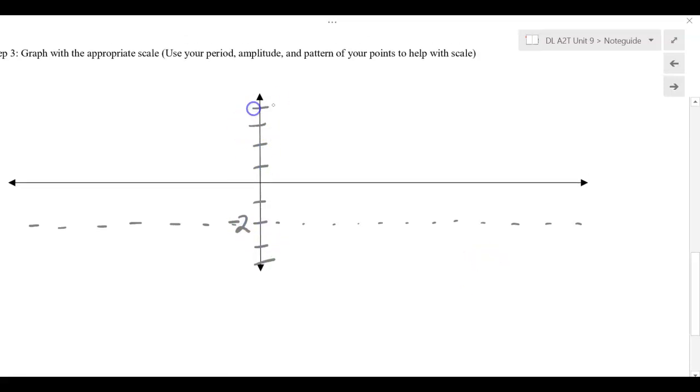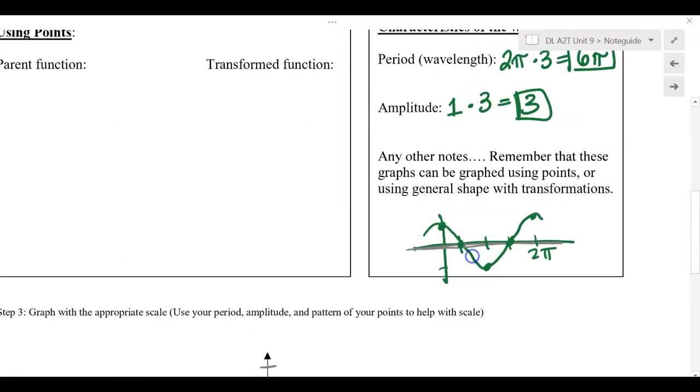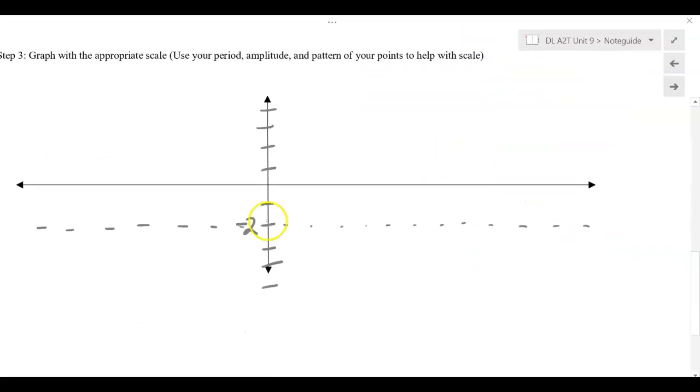Then I want to understand what my amplitude is, so I understand how high my highs go and how low my lows go. My amplitude is 3. So I expect the highest points to go up to reach 1, and the lowest points to go down to reach -5.